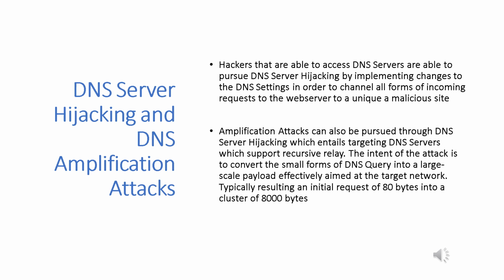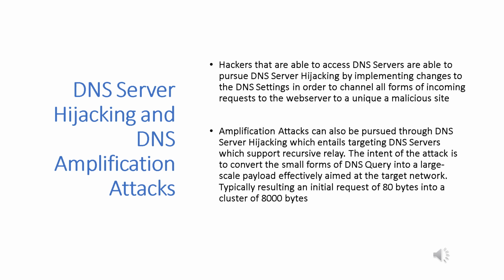DNS server hijacking and DNS amplification attacks. Hackers that are able to access DNS servers are able to pursue DNS server hijacking simply by implementing changes to a DNS setting in order to channel all forms of incoming requests to the web server for a unique malicious site. Application attacks can also be pursued through DNS server hijacking, which entails targeting DNS servers that support recursive delay.